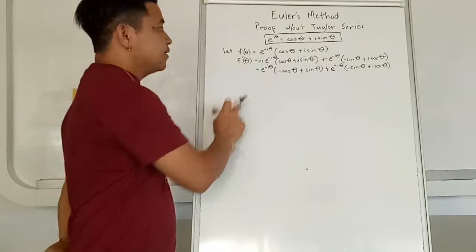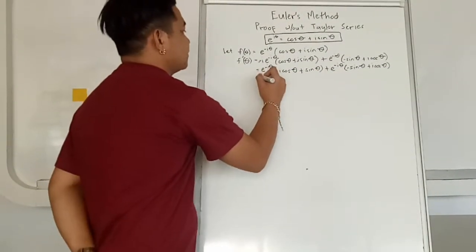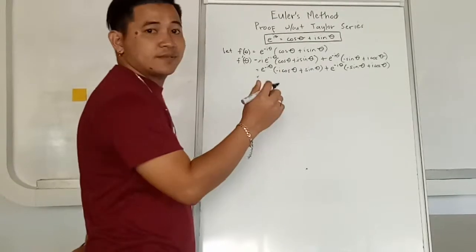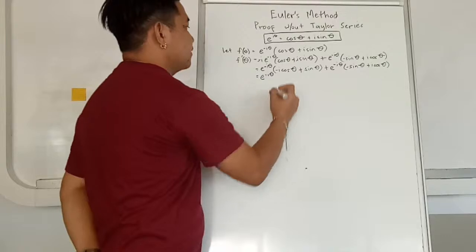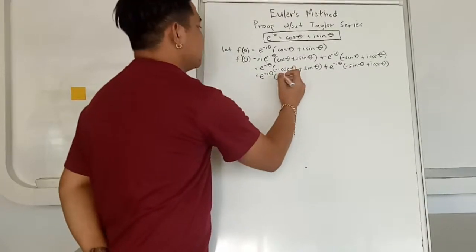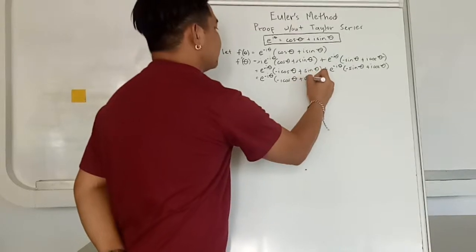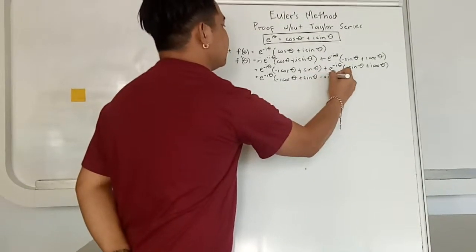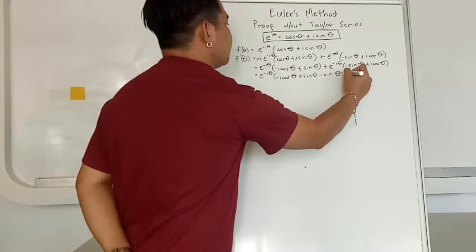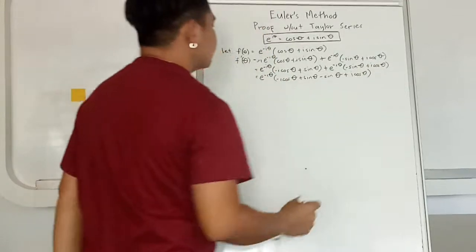And then after this, we factor out the same e to the negative i theta, and then bring down the sine theta and the negative sine theta plus i cosine theta.